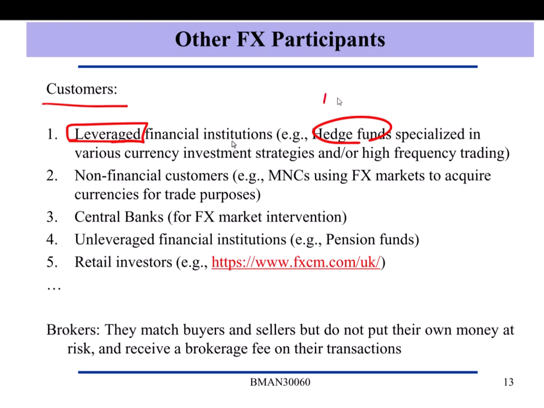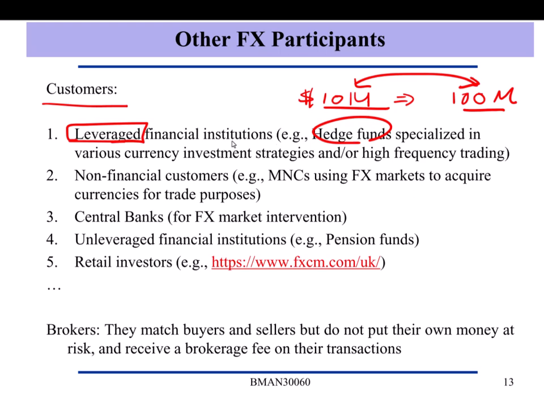So they have, for example, $10 million as their capital. Then they borrow like $100 million from some banks, and based on this seed money they do various investments, right?